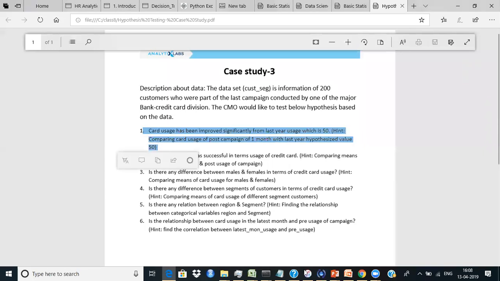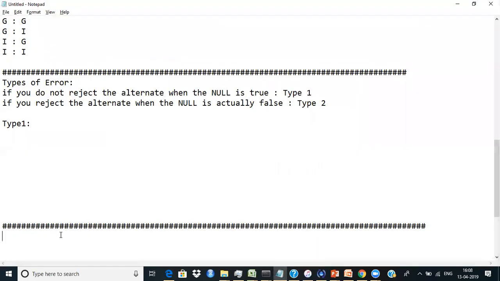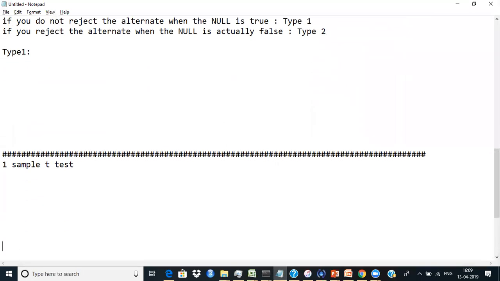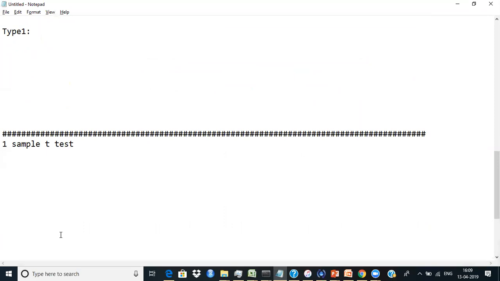So the generic statement that you should remember is the one sample T-test. In a one sample T-test scenario, the null hypothesis will look something like this. H0 will always say mean is equal to a value. This is what H0 will look like, right? And H1 can be three things: mean greater than that value, or mean less than that value, or mean not equal to that value.